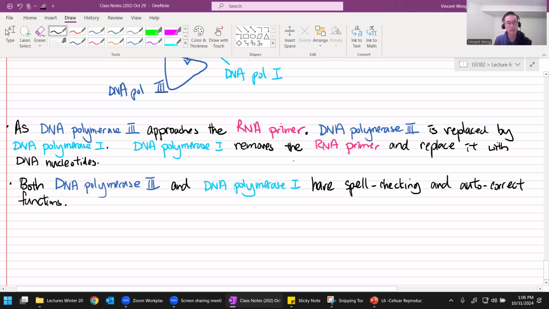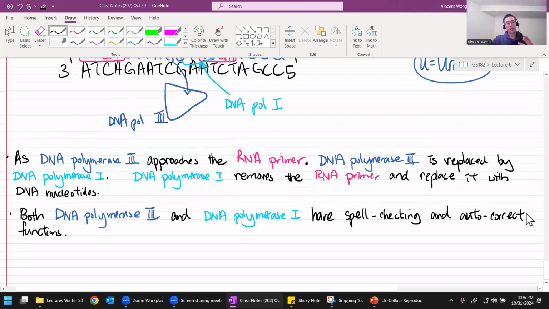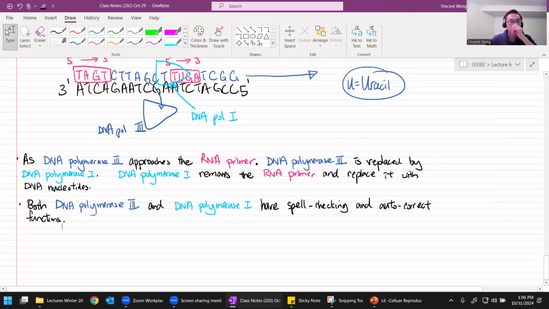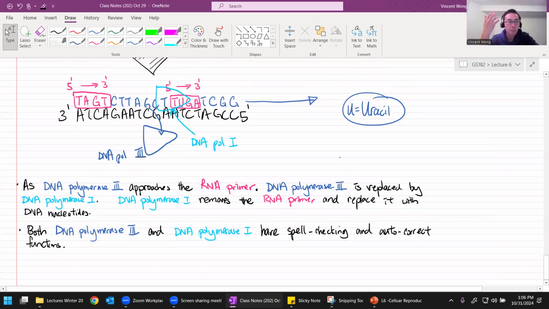Okay, so when it makes a mistake, it's able to correct the mistake. It's like typing, right? You type and then you realize you made a mistake, you press backspace, and then you just fix the error. The polymerase 3 and 1 function pretty much in the same manner. Okay. So in the end, there is no RNA in the copies, of course, because we are copying DNA. And then to replace the primer, we need to have the polymerase 1. All right.